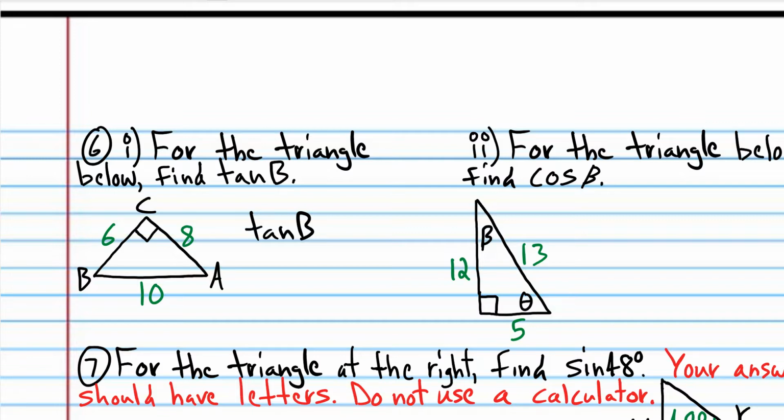So we have to look at B over here, and we have to find the side opposite and the side adjacent and divide them. So opposite side of that angle is 8, and the adjacent side is 6. Now 10 is adjacent, but we don't call it the adjacent, we call it the hypotenuse. So tangent B is 8 over 6, but we can then reduce that to 4 over 3, and that is the answer. So if you got that one right, good job.